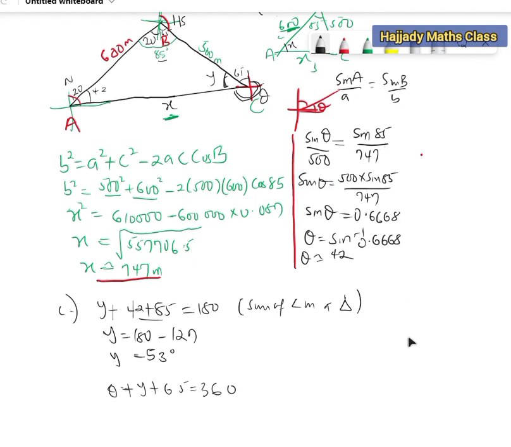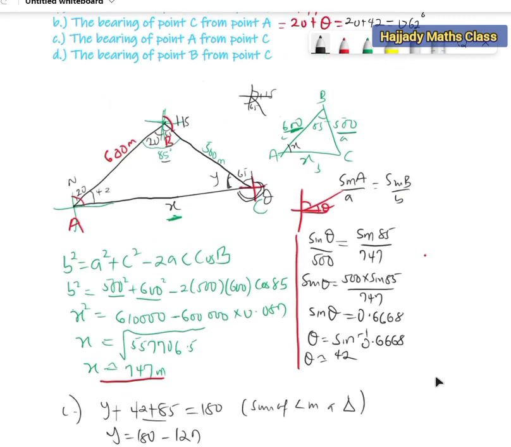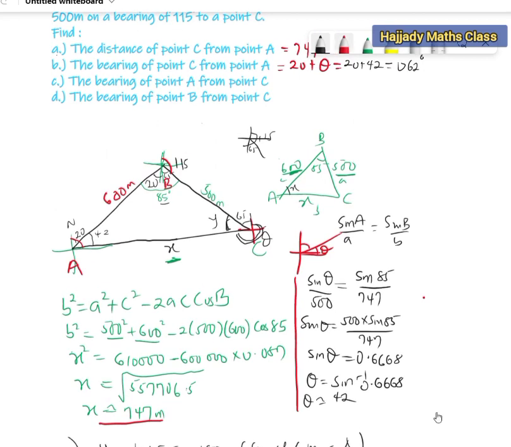That is the sum of angles at a point. So my theta is now going to be 360 minus 65 minus 53. So everything is going to be 242 degrees. So that is for the third part, which is 242 degrees.